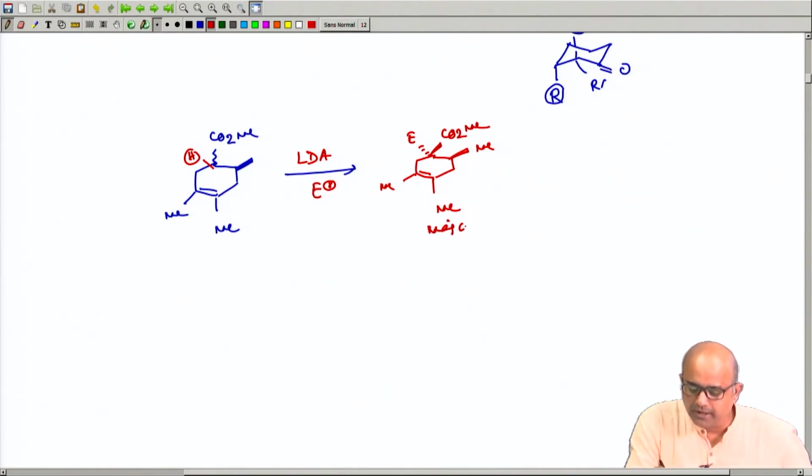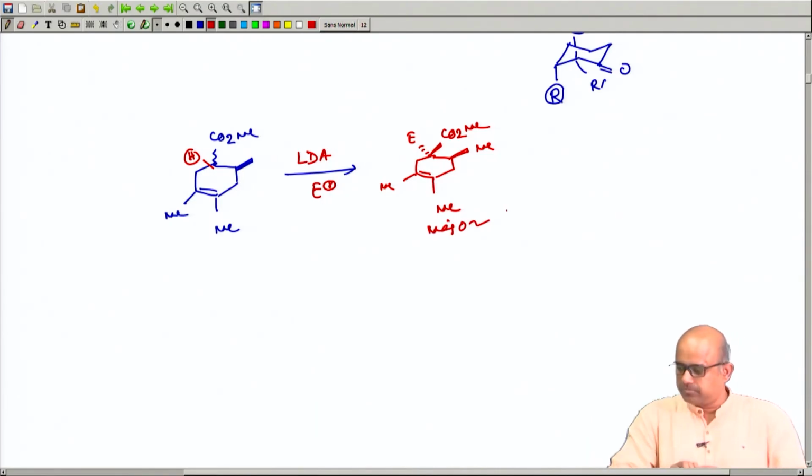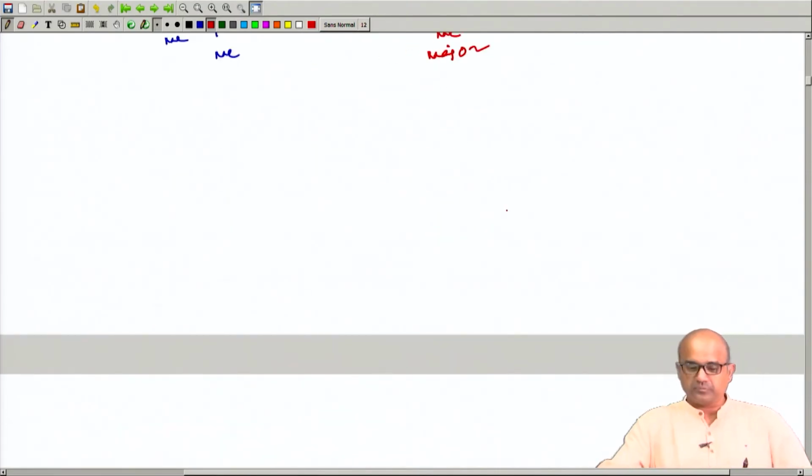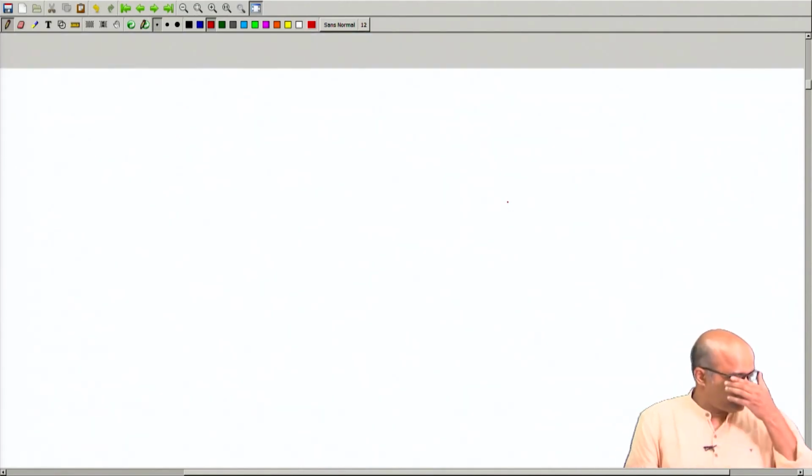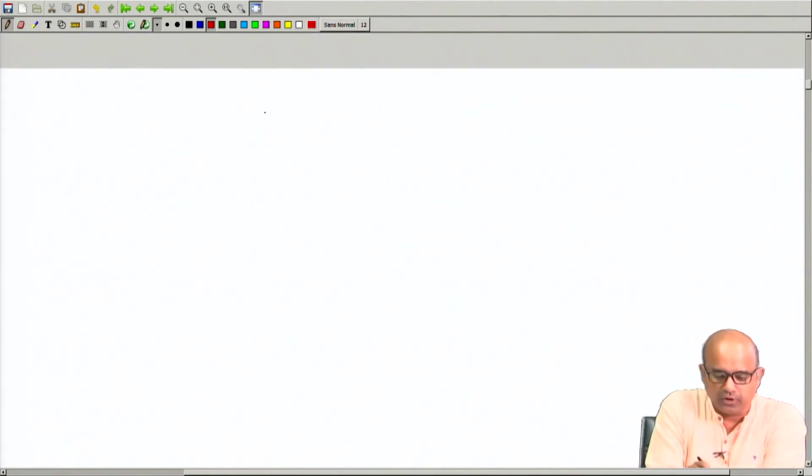So, this kind of predictive stereochemistry was very well explained, and you can explain it. In the next slide, we will talk about, or you can give you an assignment probably.